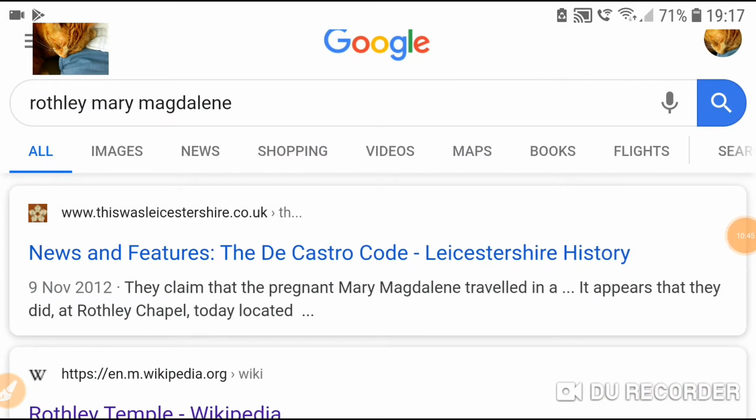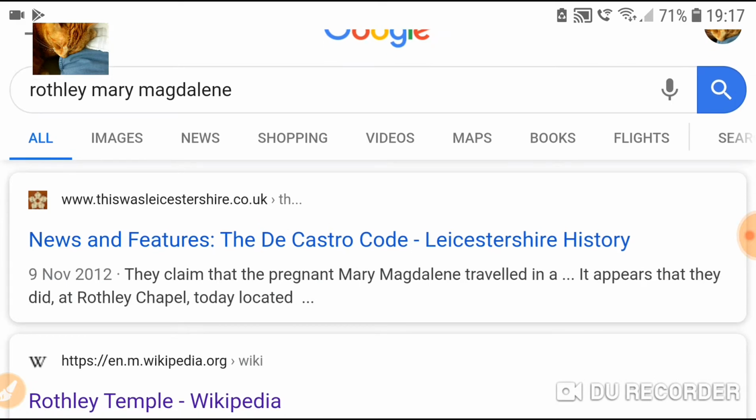Rothley has a massive connection to both the Knights Templar and specifically Mary Magdalene, who in a way is the goddess that the Knights Templar worshipped. They thought that she was really the Holy Grail, the woman, the female, sacred feminine.